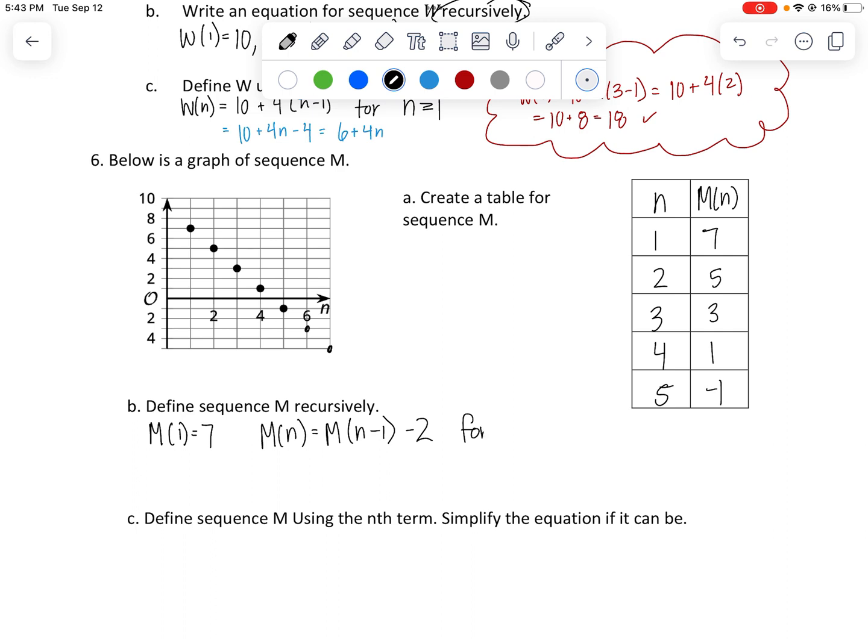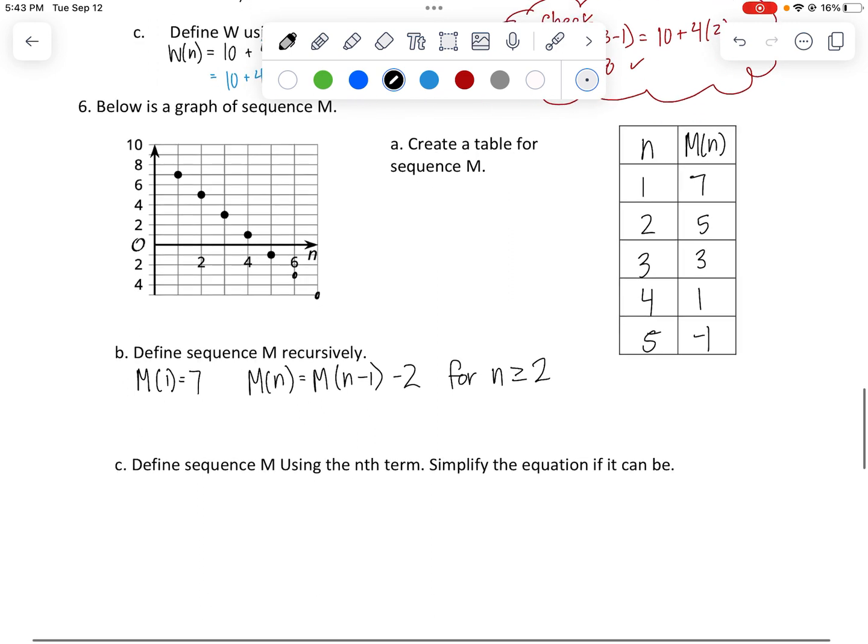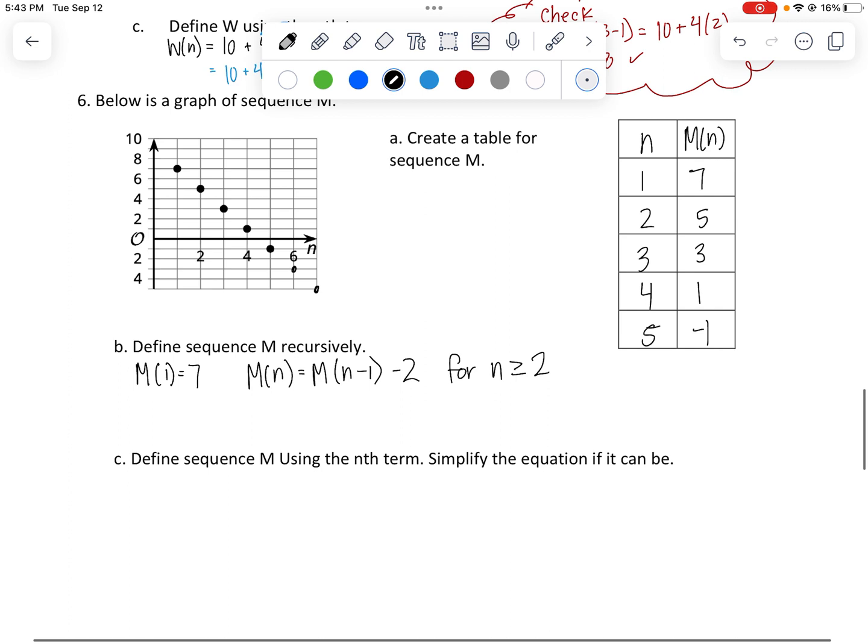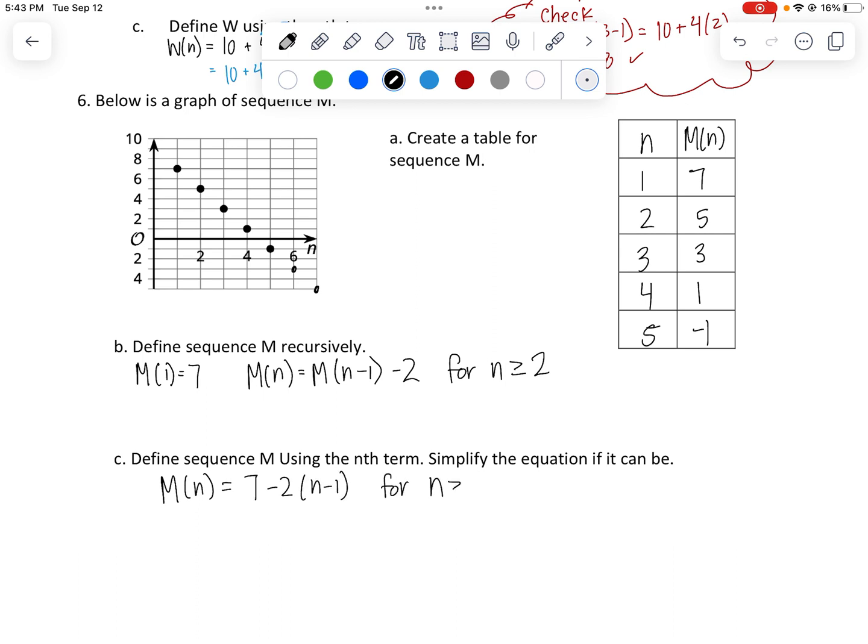And this is going to be, since we started with step 1, the next step that we're going to go to is step 2. And nth term, m of n is going to be our starting place minus 2 times our n minus 1. And that's starting for our step 1.